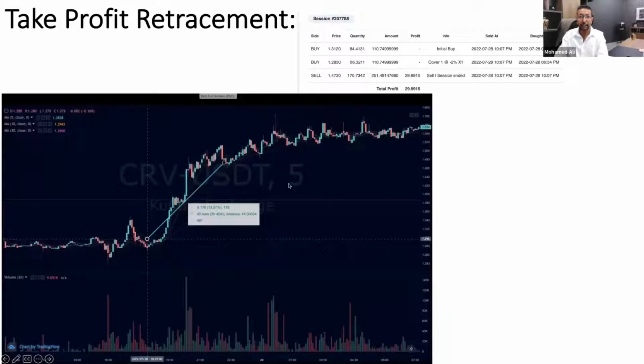Another trade here, this one actually made 13.57%. If you look at the top here, the first trade was taken at the price of 1.31. This coin, I think, is CRV. Yes, it's CRV. And that was on 28th of July at 5:46 p.m. Dubai time.